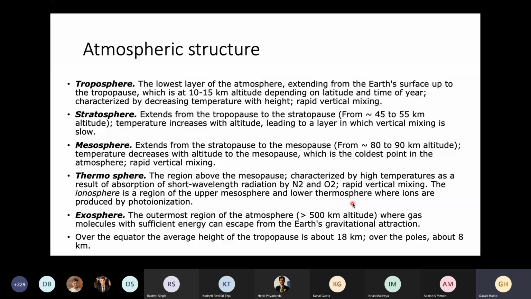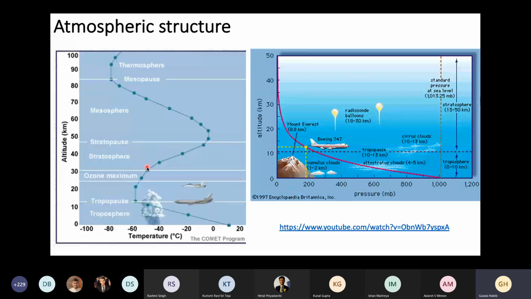These layers do not mingle, but I did not find any explanation why it is this way. This is what scientists have observed, that the temperature is not linear. It's linear in a certain part, but decreasing rapidly or increasing rapidly, right? You can see it's not linear.